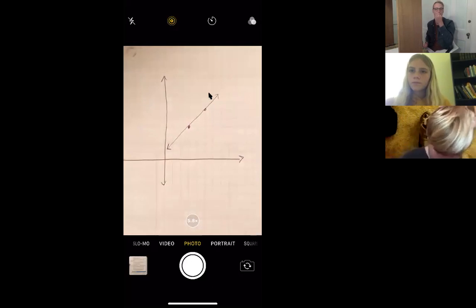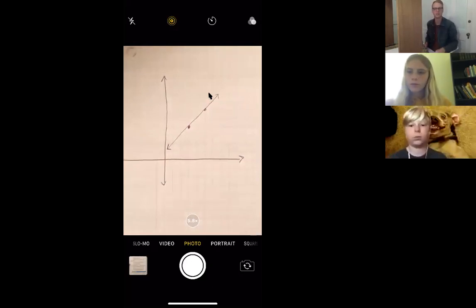All right. So, what is the slope? What do you think? What's the slope?